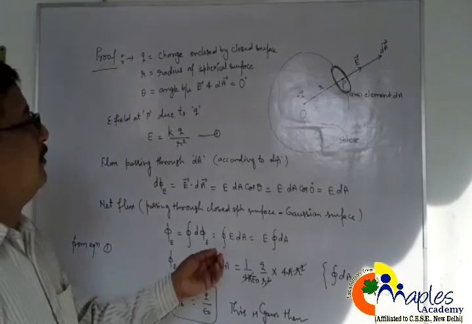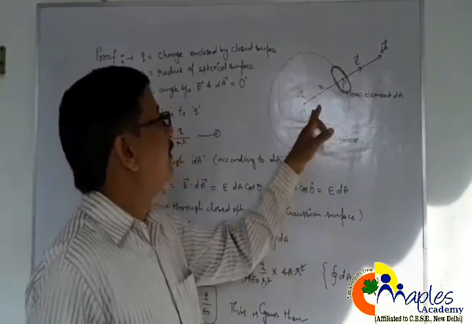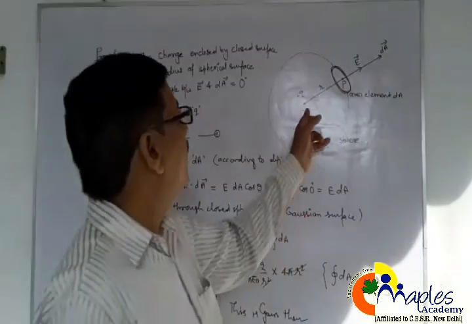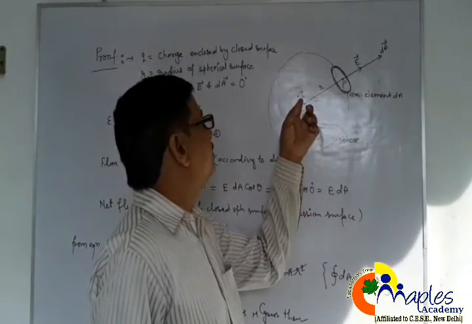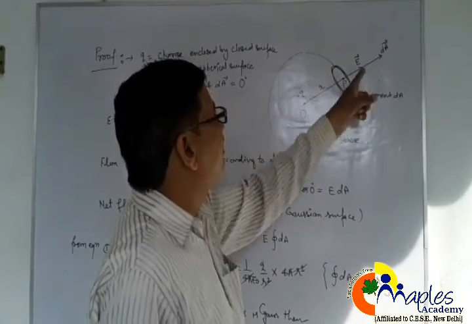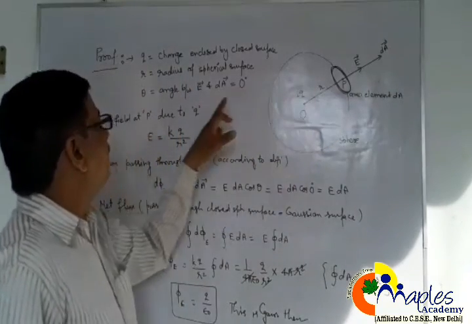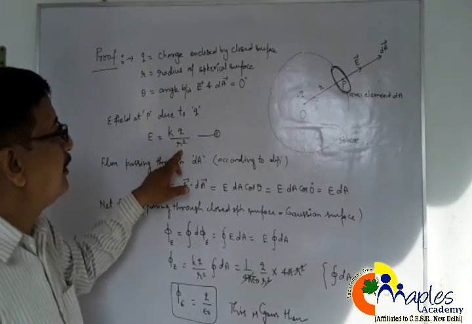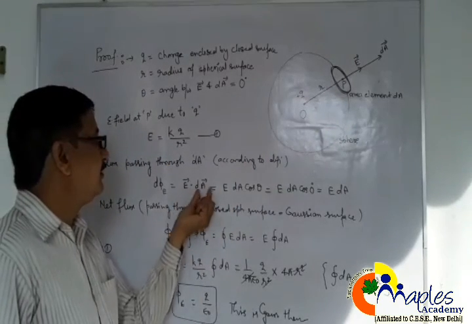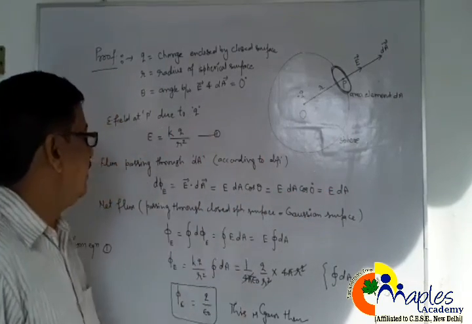Again, we will take a spherical surface, a sphere, with center O and radius r. Here a charge plus q is enclosed by the surface. At the surface there is a point P around which there is an area element dA. The electric field at P will be equal to kq upon r square, and the flux passing through this small surface is E vector dot dA vector, E dA cos theta, E dA cos 0, and cos 0 is 1, so E dA.